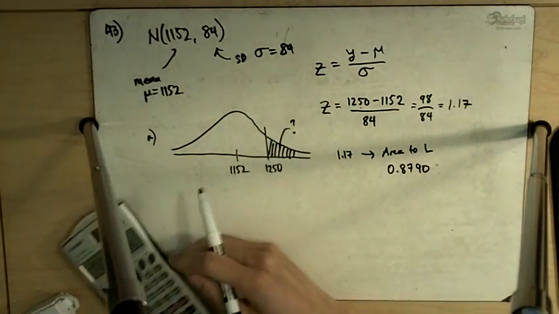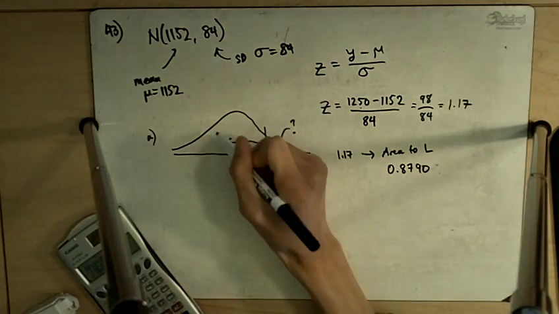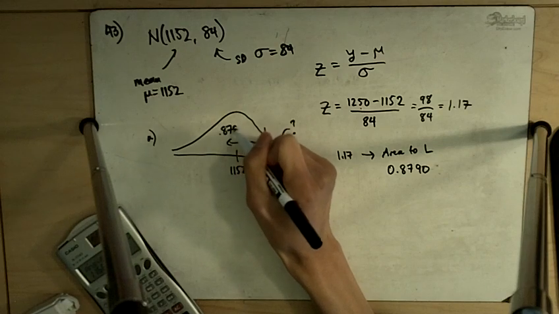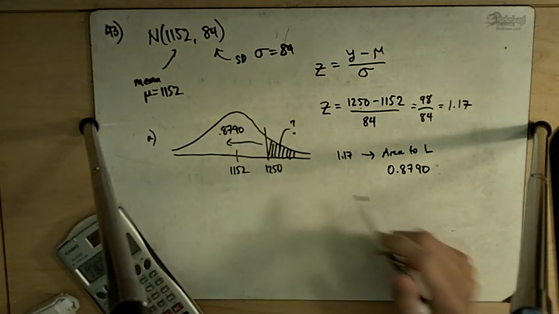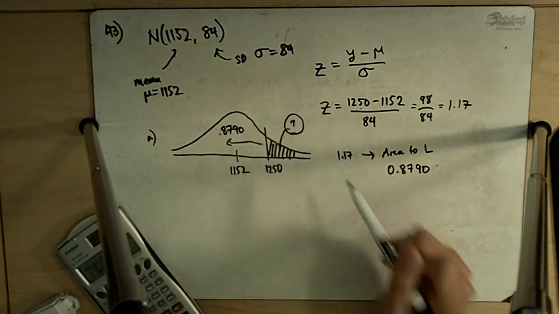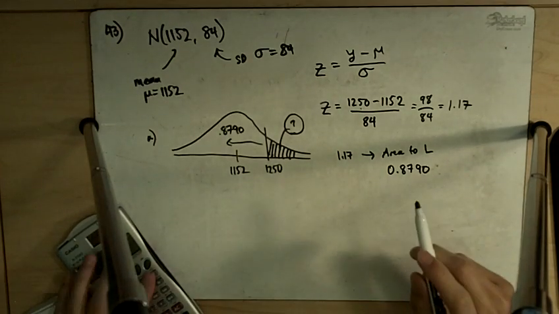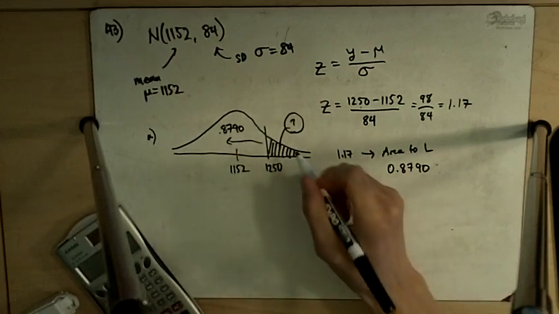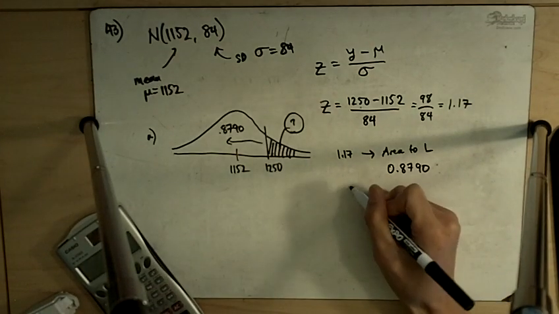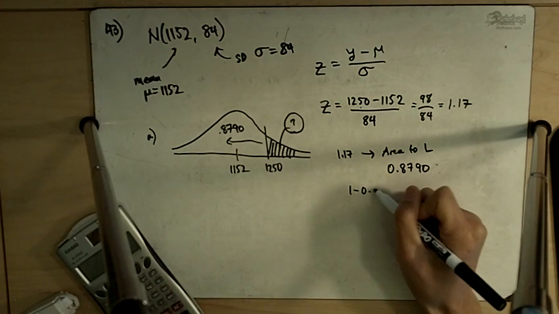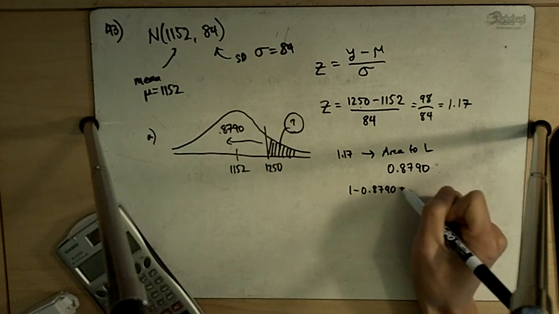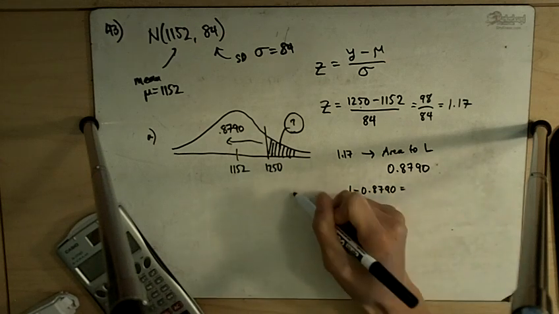And we want to know the area above, what percentage is greater than 1250. So, to get the area to the right, we do 1 minus 0.8790.